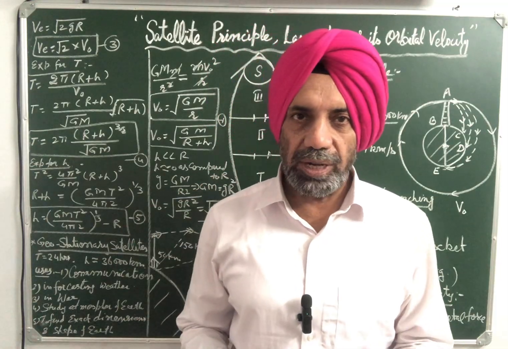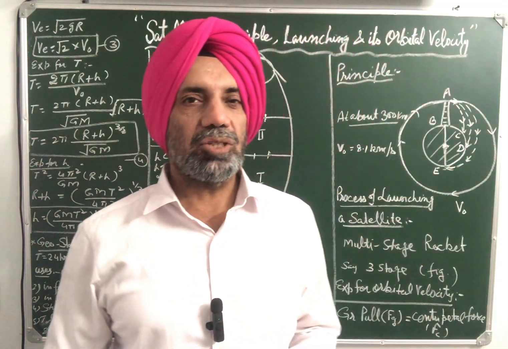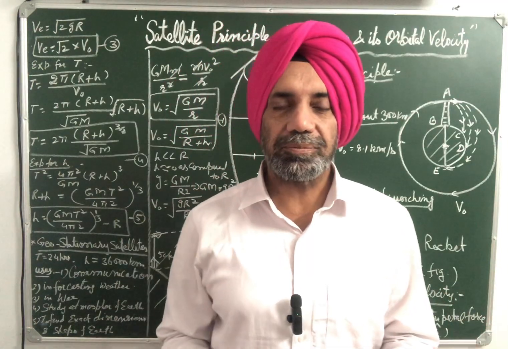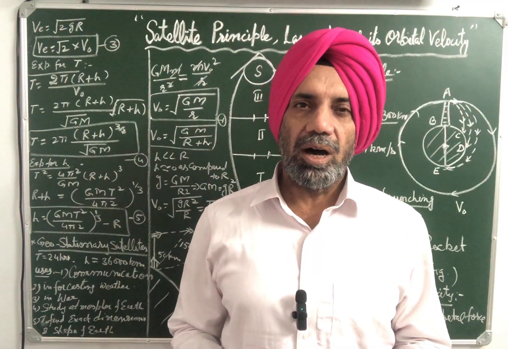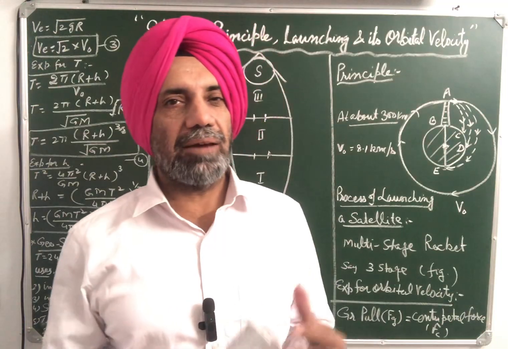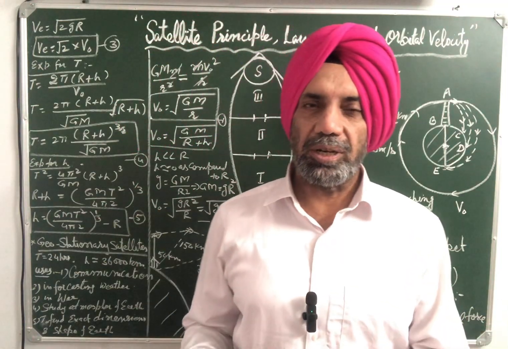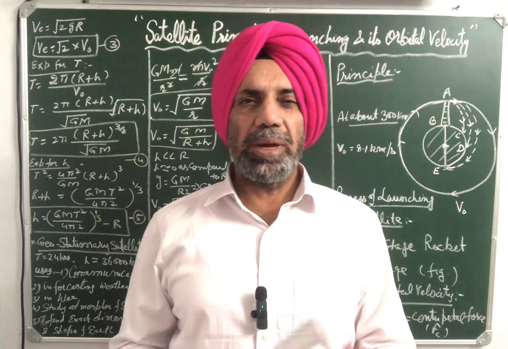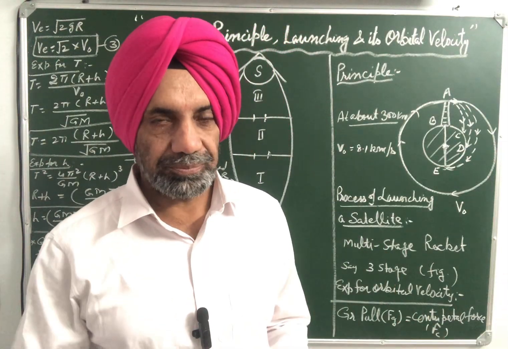All planets are revolving around the Sun, so these are natural satellites of the Sun. All planets have different satellites. Jupiter, Saturn, they have so many satellites revolving around them.